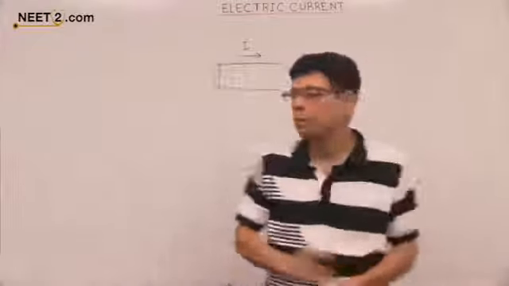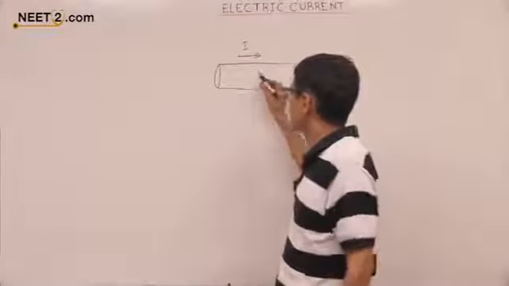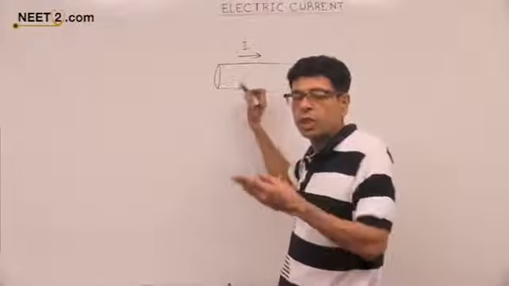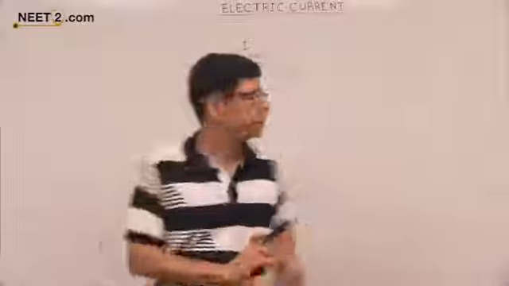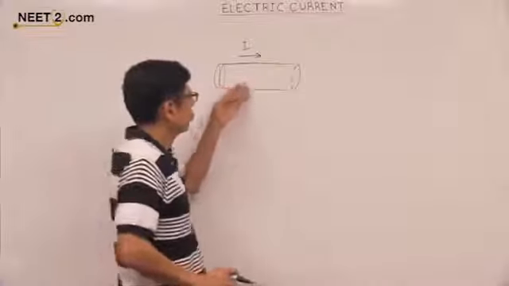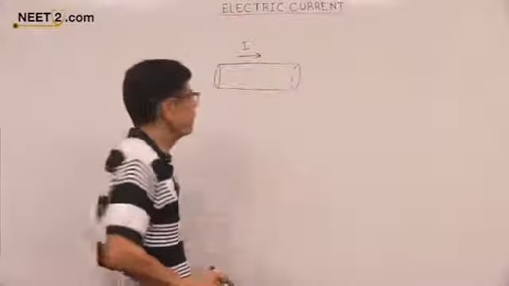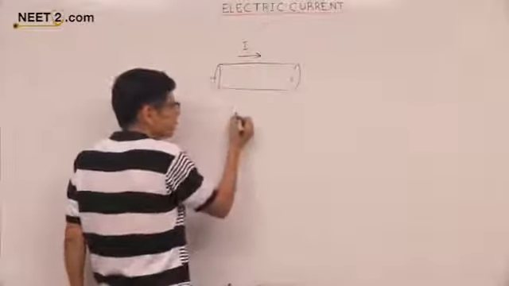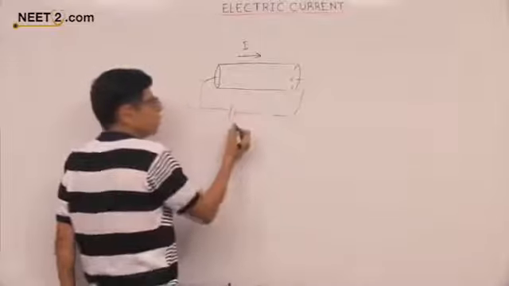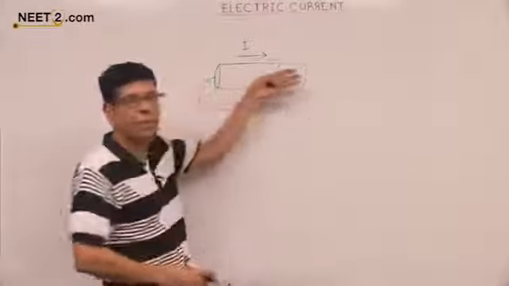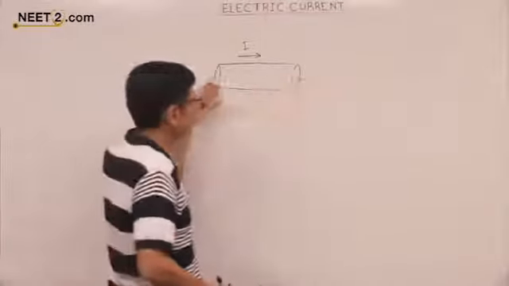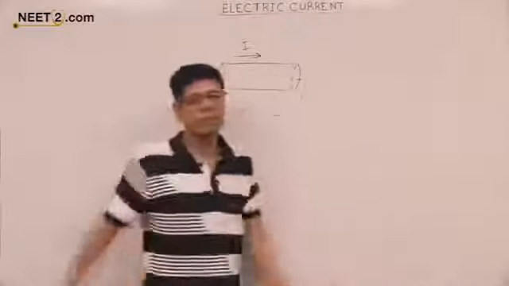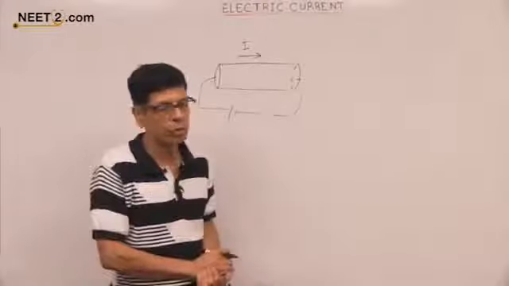Somehow, this is a conductor and there are conduction electrons in this. So force acts on them, and this force acts because when you do something like this, you are setting up an electric field inside, and that electric field applies a force on the charges, and that's what makes the charges move. So this is how the current flows.